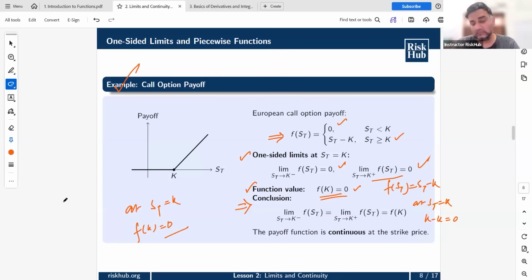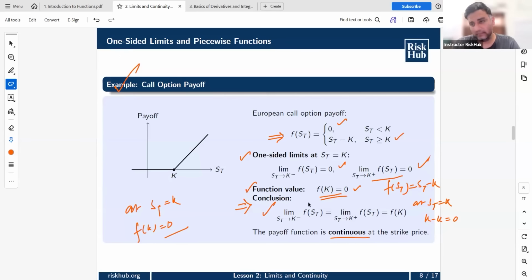Okay. So the limit as t tends to k minus of f(t), what are we getting here? This is the relationship given: the limit as t tends to k minus of f(t) is equal to the limit as t tends to k plus of f(t), which is equal to f(k), right? Therefore, the payoff function is continuous at the strike price, right?